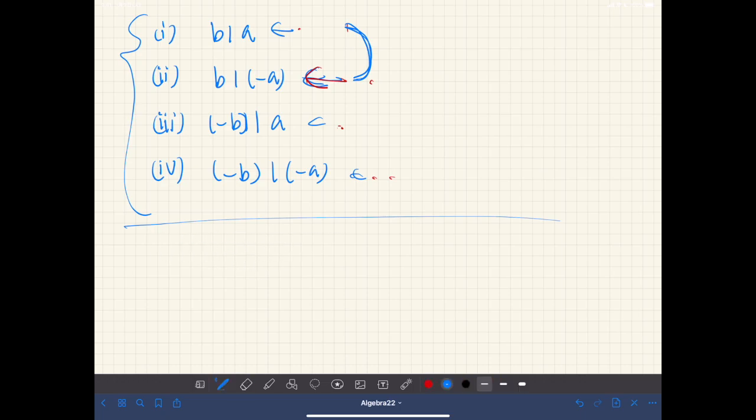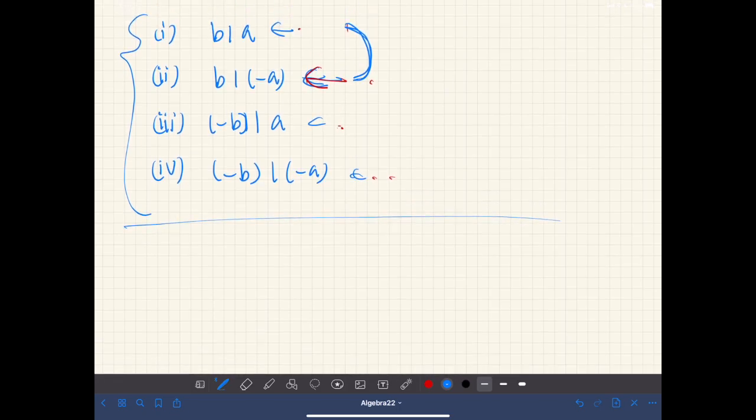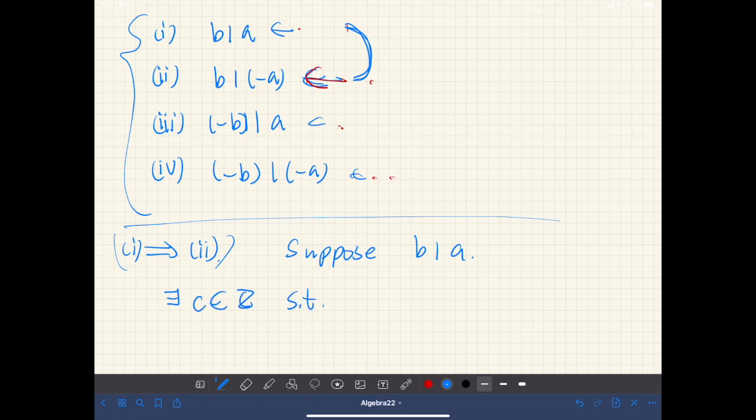Let's try to prove this part first. First we assume b divides a. Then according to the definition, there exists some integer c such that a is equal to b times c.